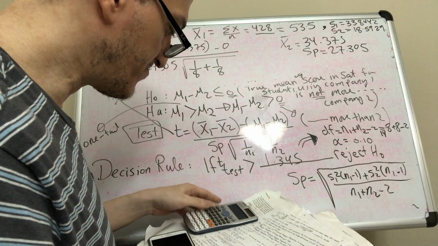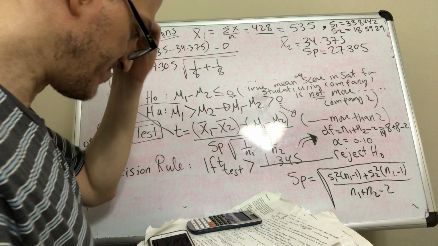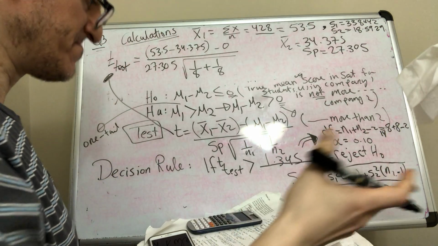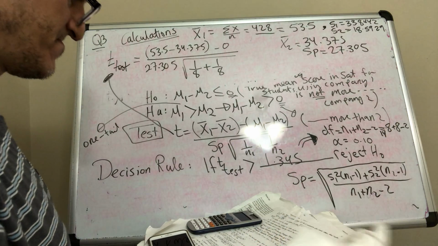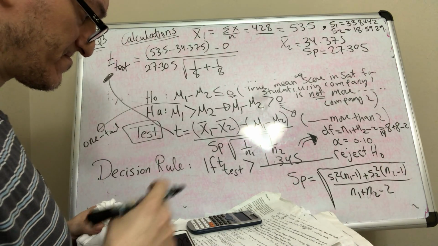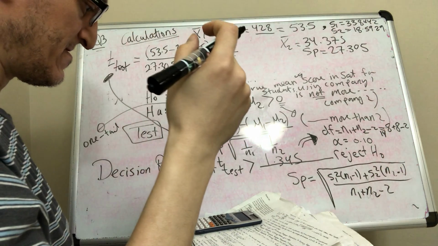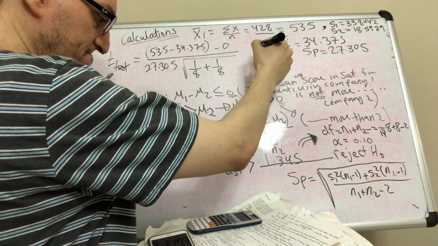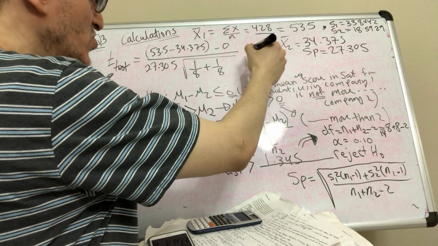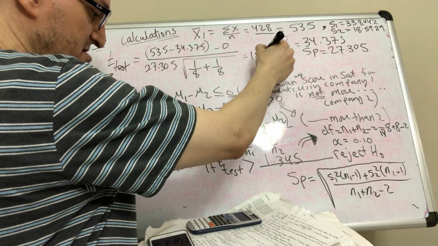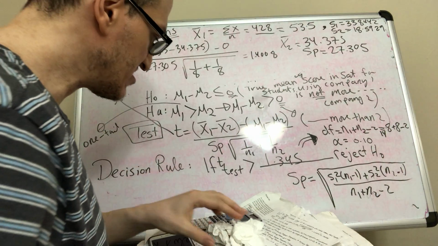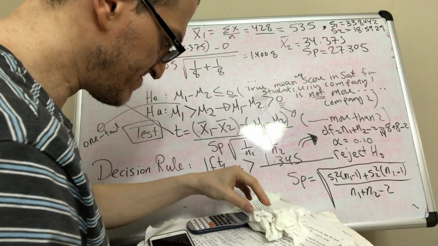And putting everything together gives you a number of 1.4008.